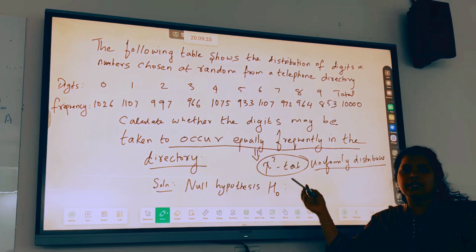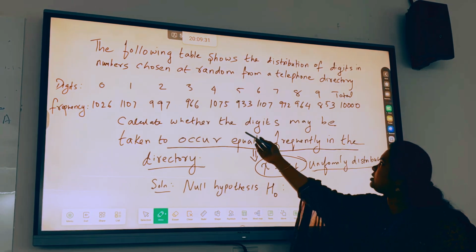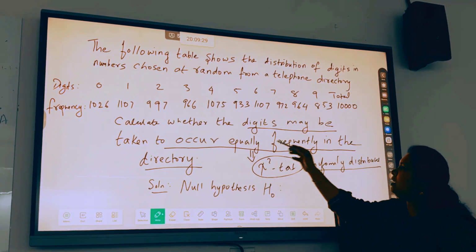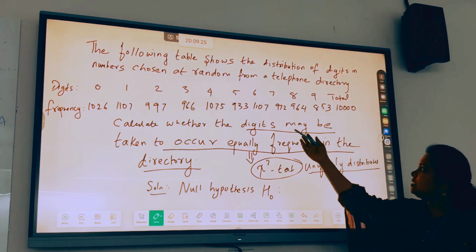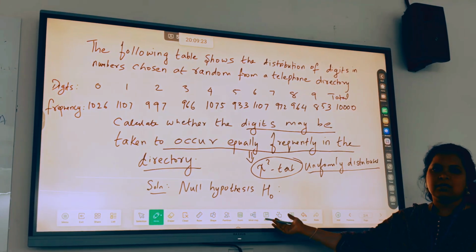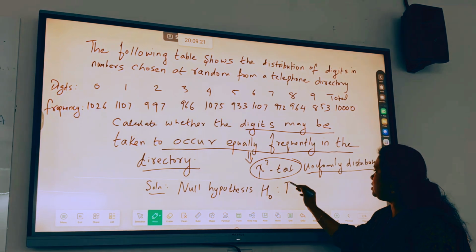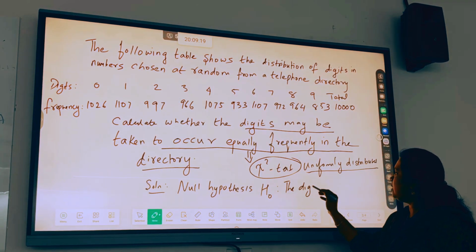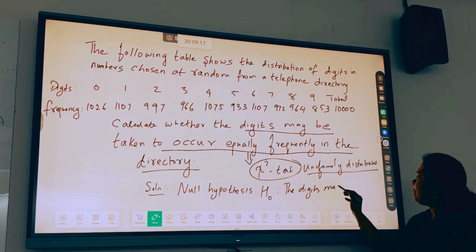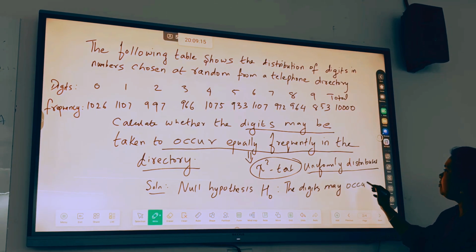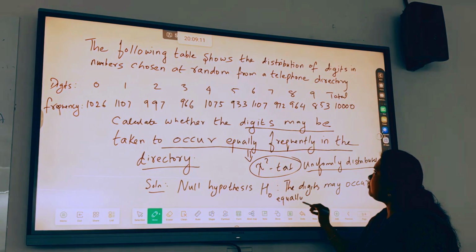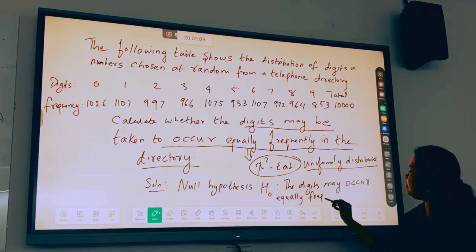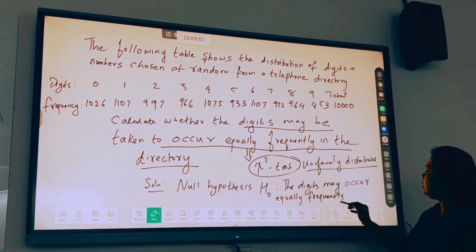The problem is based on digits, and the question says digits may be taken to occur equally frequently in the directory. So the same thing you can write in the null hypothesis: digits occur equally frequently in the directory.